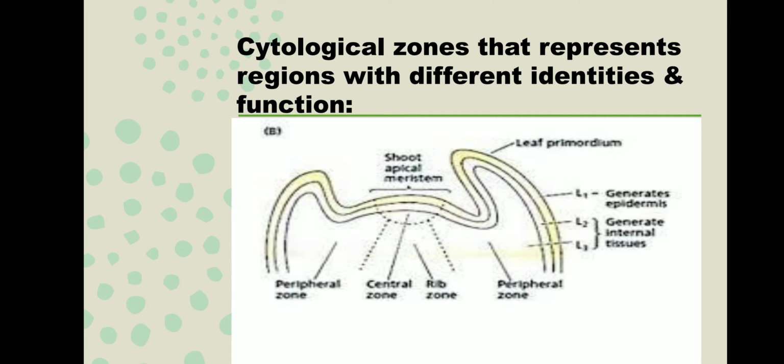Now, the factors which are influencing the formation of shoot apical meristem. It has been observed that auxin, which is a phytohormone, plays an important role in the maintenance and the formation of shoot apical meristem.